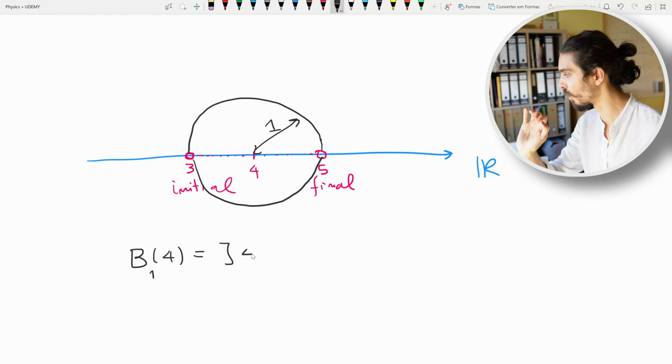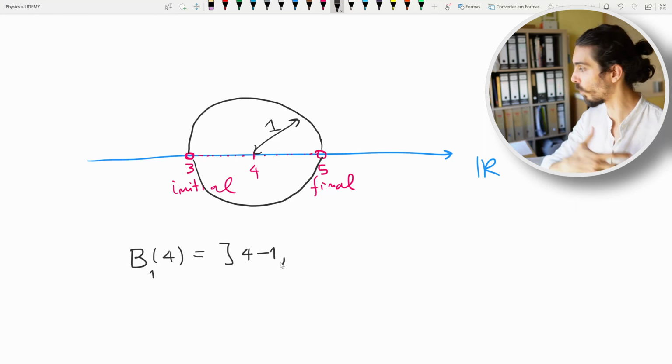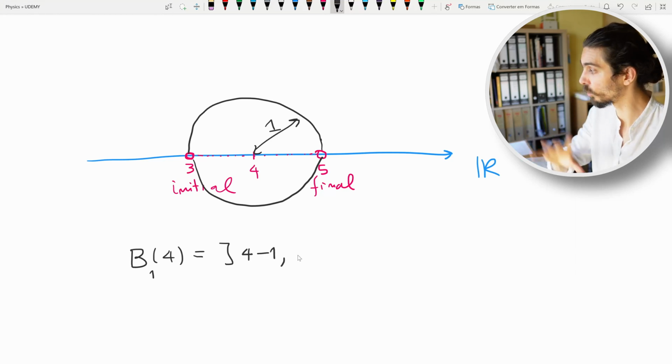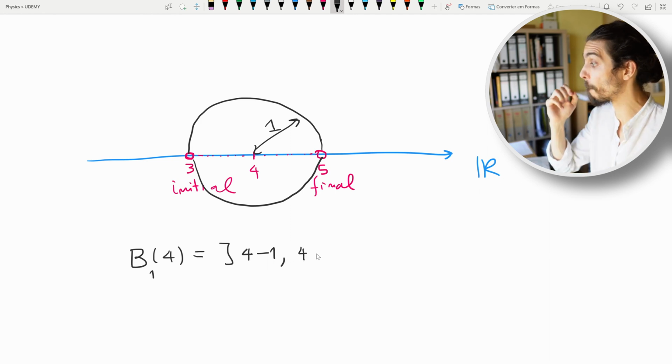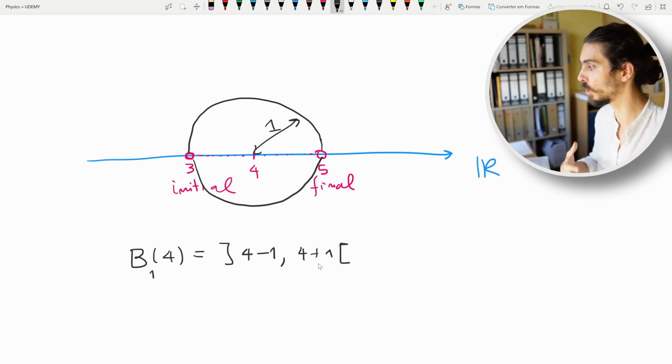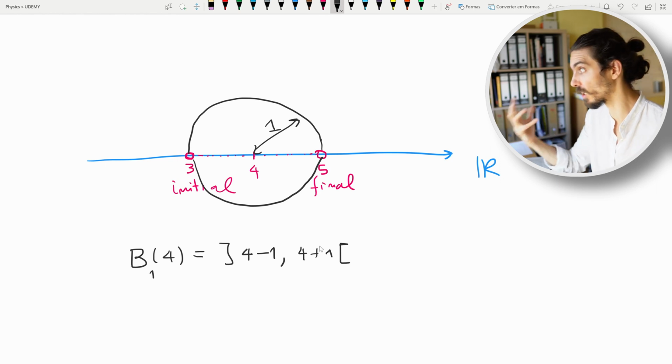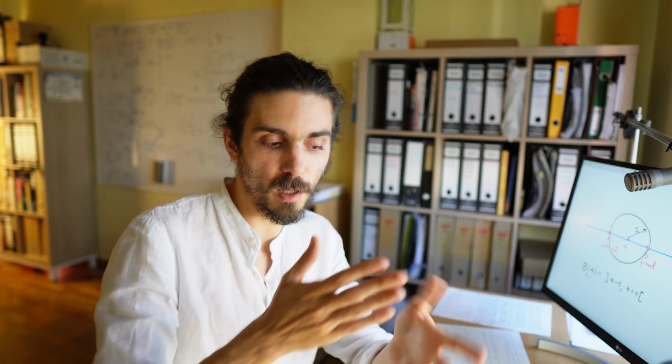So here's the radius, here's the middle point. This symbol here is an abbreviation for the set which comes from 4 minus 1, which is 3, up to 4 plus 1, excluding it, because we are excluding the 5. Why am I rewriting the sets from 3 to 5 using the reference as a middle?